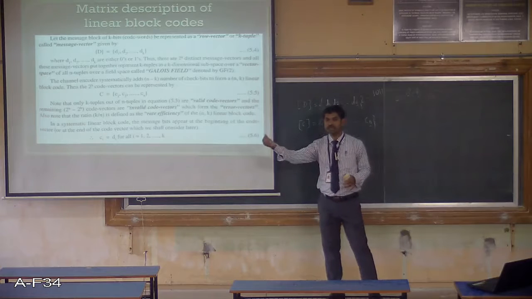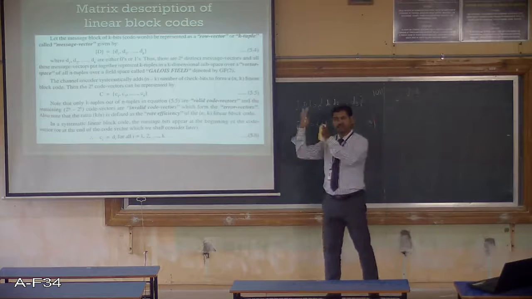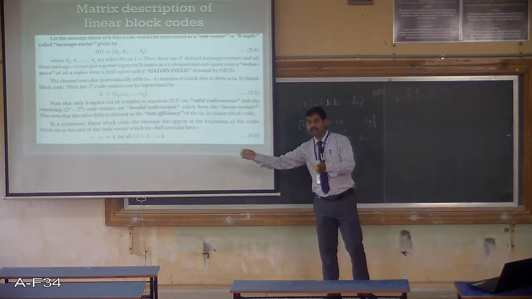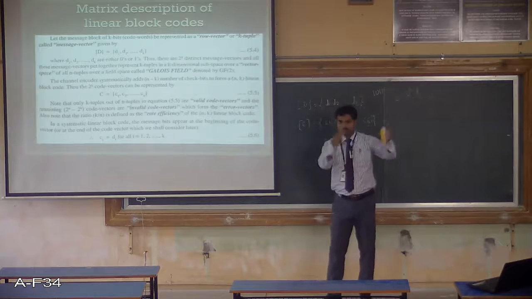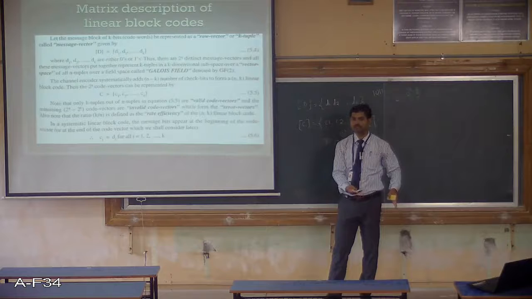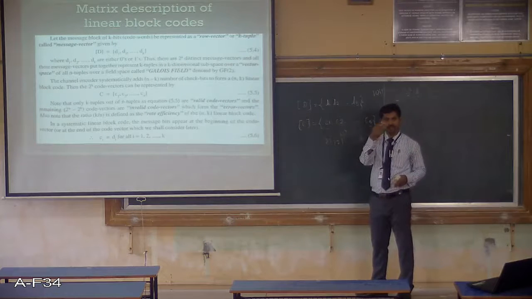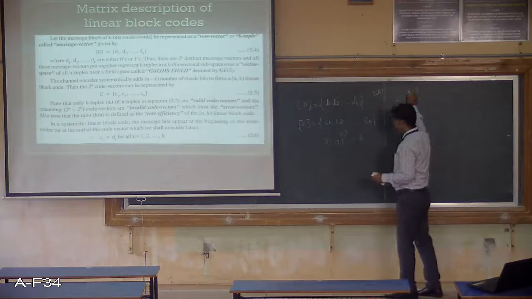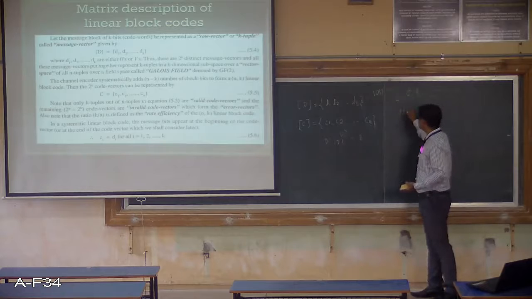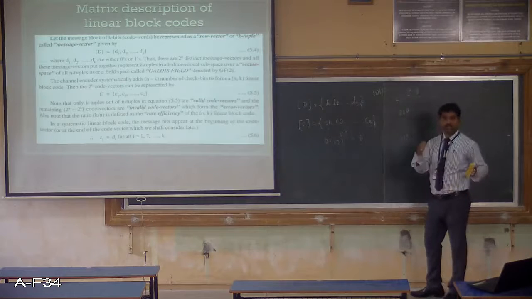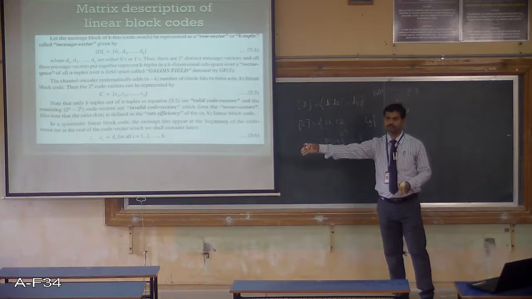For every message there must be some encoded sequence, that is C. So for 8 messages there will be 8 codes, whatever the length of the codes may be. The number of codes is based on the total number of information messages. For every message you should generate a code word.